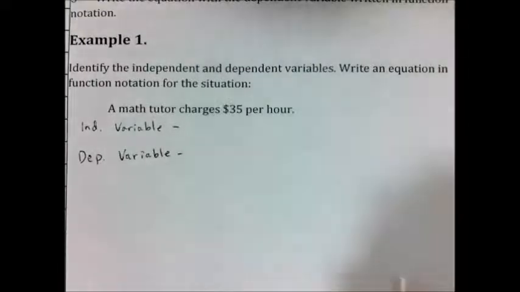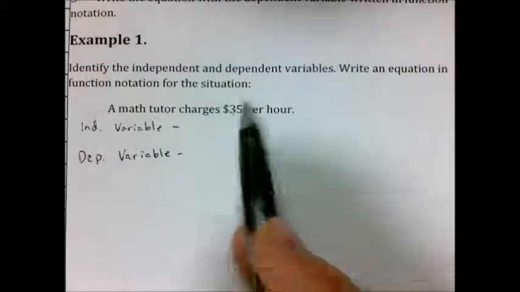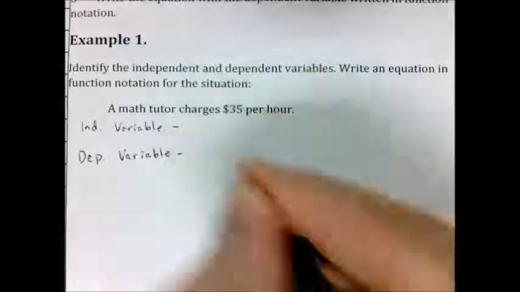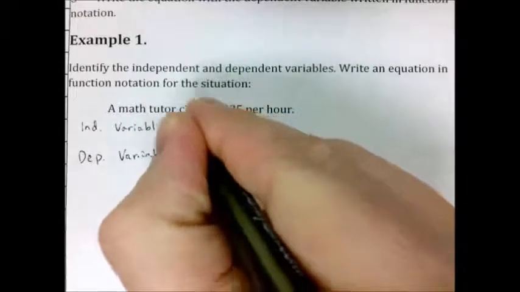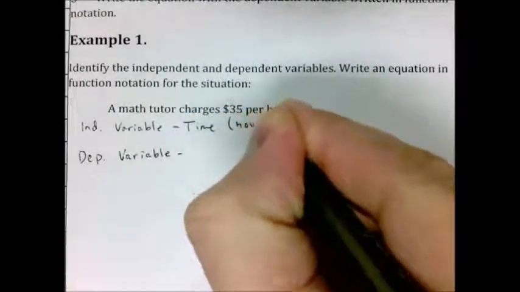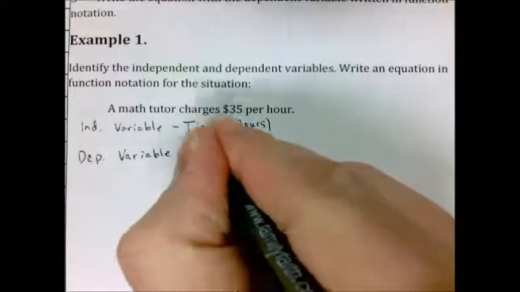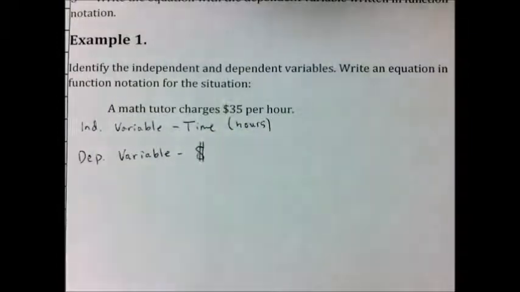And we know that we need to know how much time is taken in order to figure out how much money we're making. That's funny. So the independent variable would be our time, and we put that in hours, which means our dependent variable is the amount of moolah, money, that we get from that.